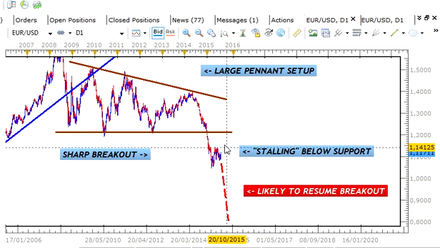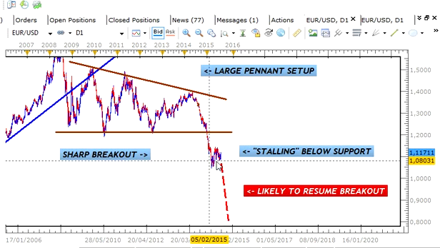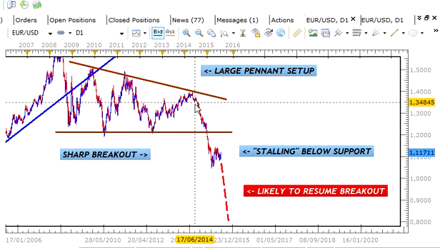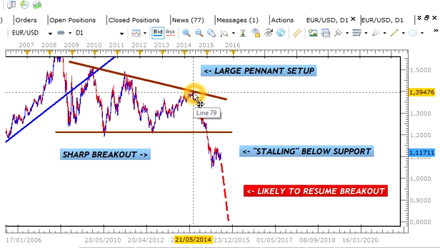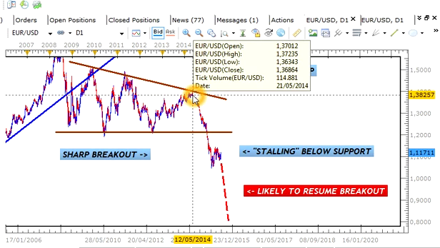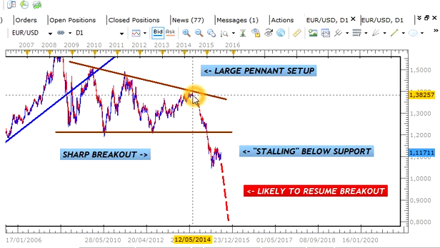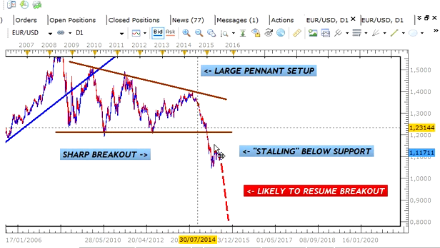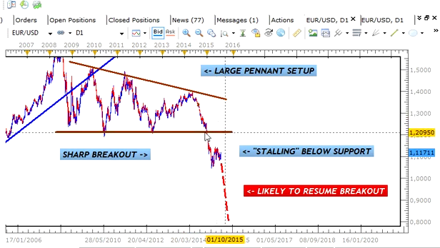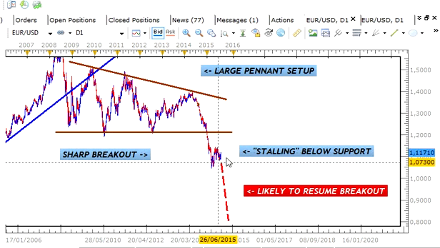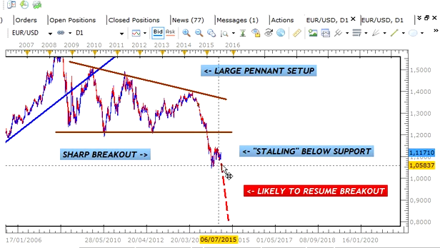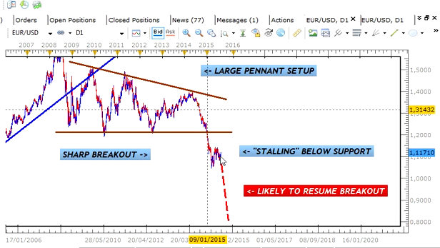Right now, we're just having a period in which the market is taking a break following this sharp bearish movement that started in May of last year. As you will notice with all sharp breakouts across the market, eventually the market takes a little bit of a breather before resuming the direction of the breakout.